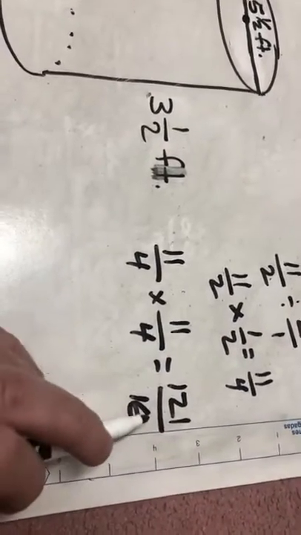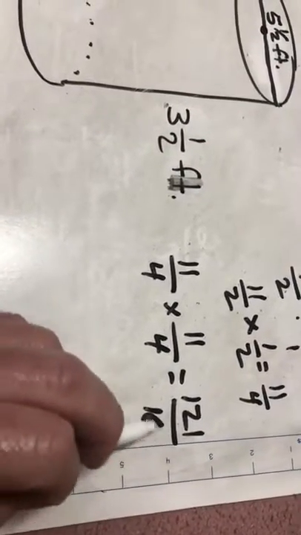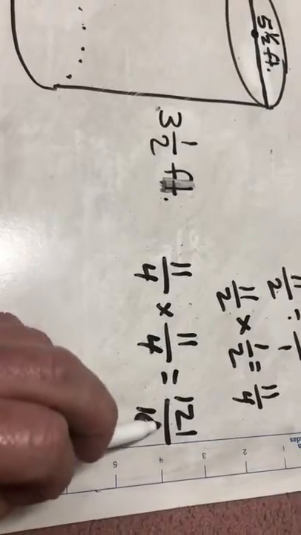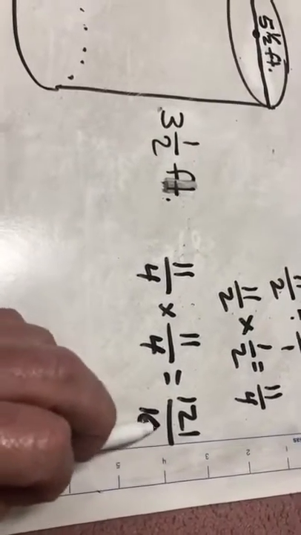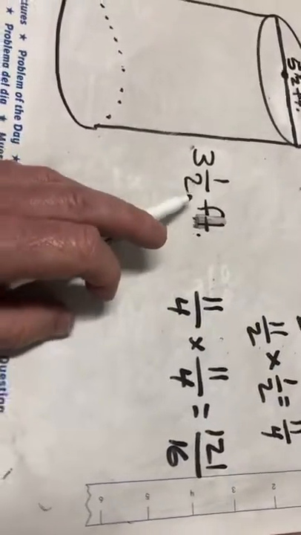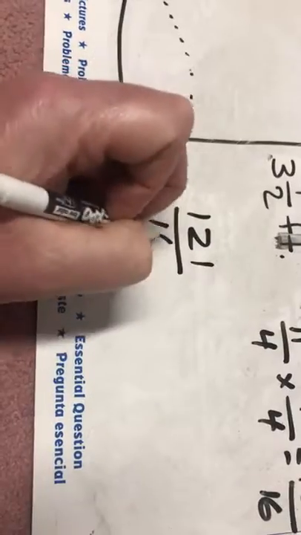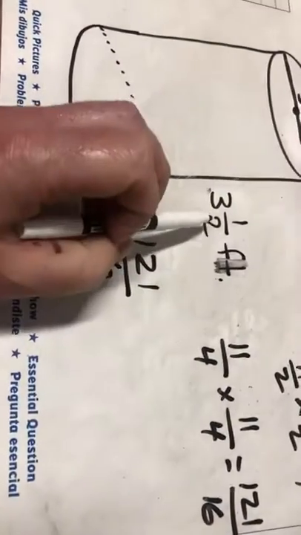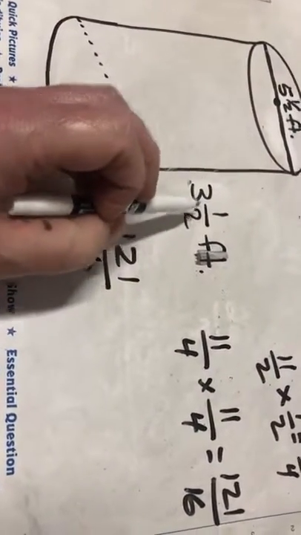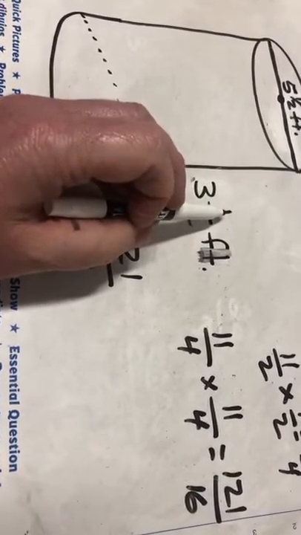At this point, we are not really worried about making things mixed numbers or simplifying anything. We can do that later. So let's take this right now and multiply it by our height, which is 3.5 feet. So I'm going to take 121 over 16. I'm going to multiply that by my height. 2 times 3 is 6, plus 1 is 7.